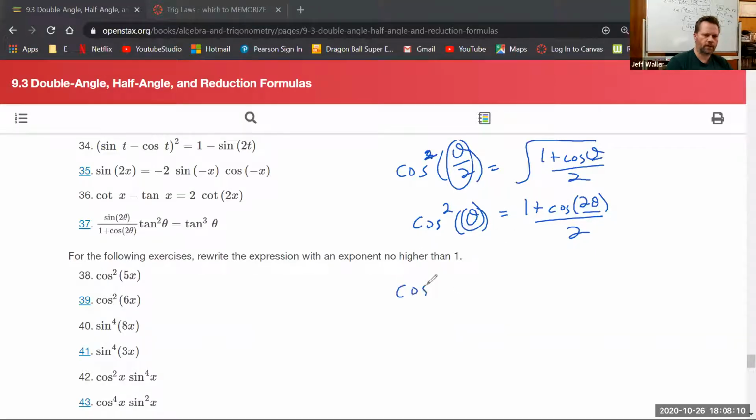So what's cosine squared of 5x? If I know that cosine squared of theta is 1 plus cosine of twice theta divided by 2, what's cosine squared of 5x?